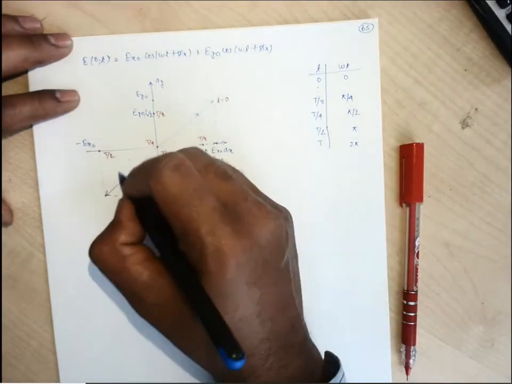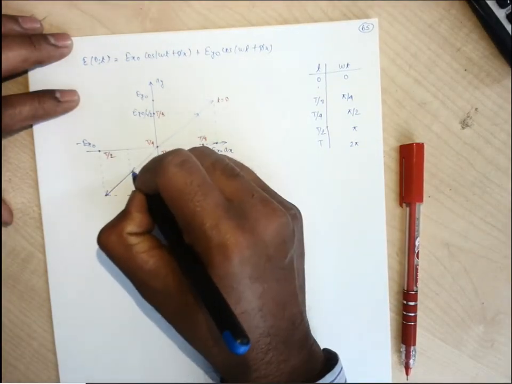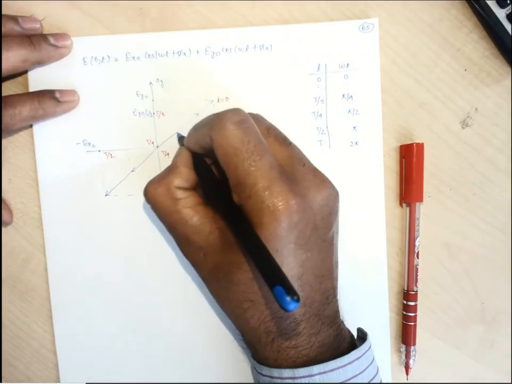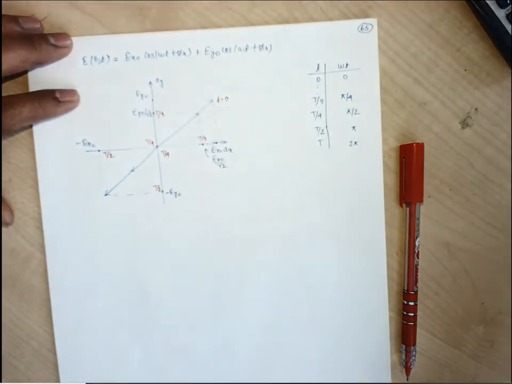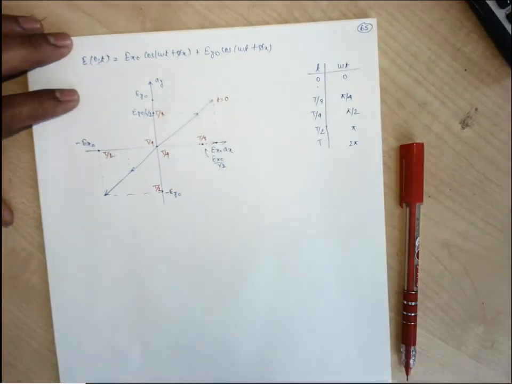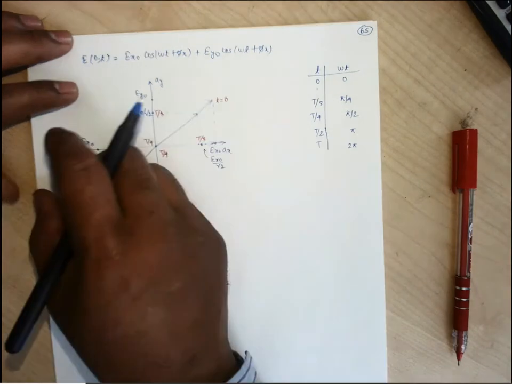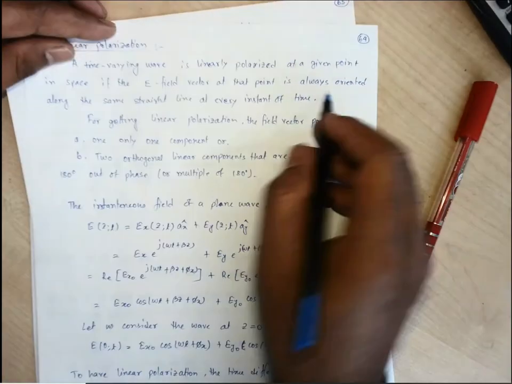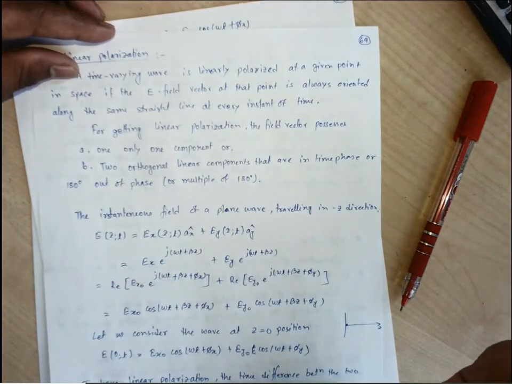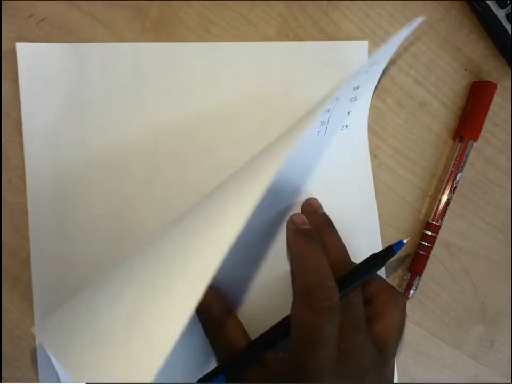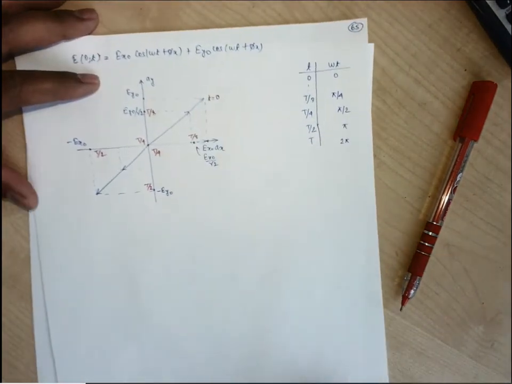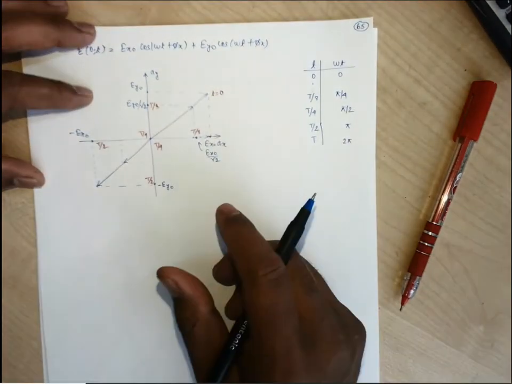So we can have the electric field vector which is lying like this. So we can have the polarization which has a continuous line at every instant of time. That is what we said here. That point is always oriented along the same straight line at every instant of time. So it maintains this orientation at every instant of time.